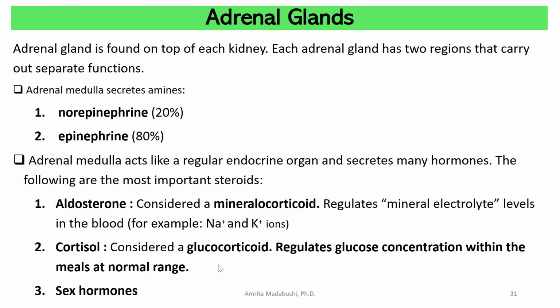Similarly, cortisol is considered a glucocorticoid. It regulates glucose concentration within the body at a normal range. So all of these hormones play an incredibly important role. It's not just the enzymes, because enzymes do help in speeding up the reaction, but these help in maintaining homeostasis, the control of the overall body and how the body functions.